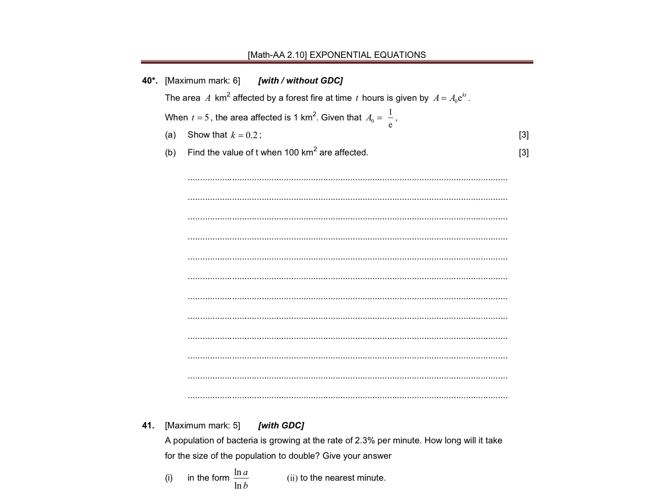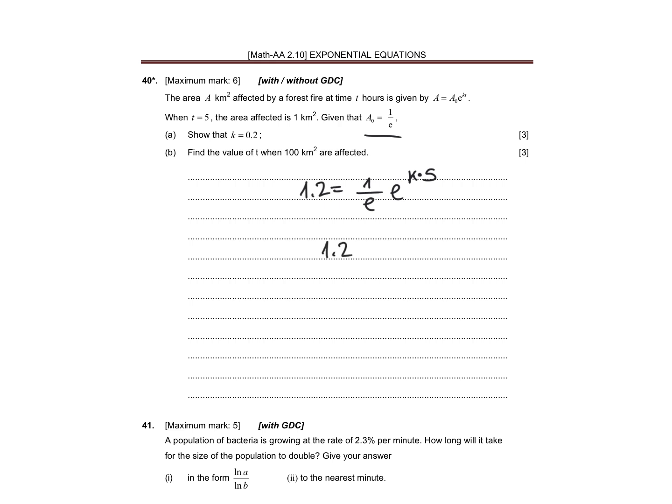All right, the area A kilometers squared affected by a forest fire at time t hours is given by that. When t equals 5, okay, so we've got 1.2 equals 1 over e to the k times 5. And you should, well, it says show, so don't do that.